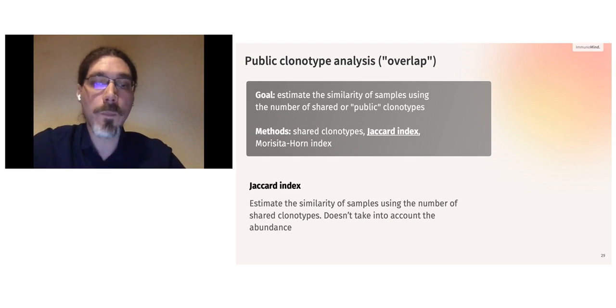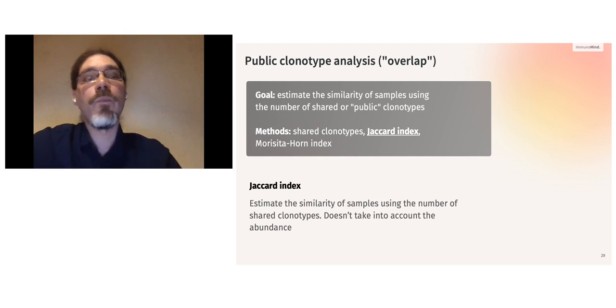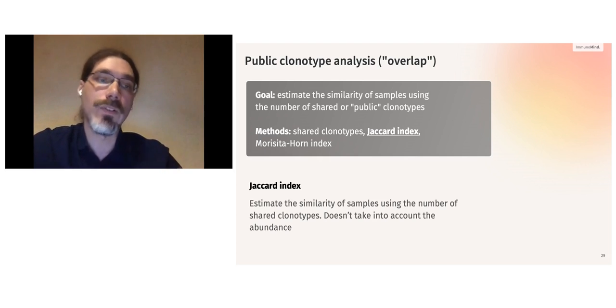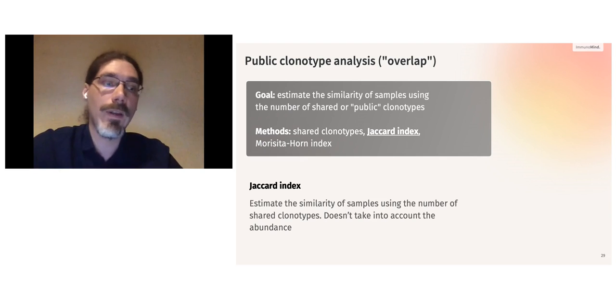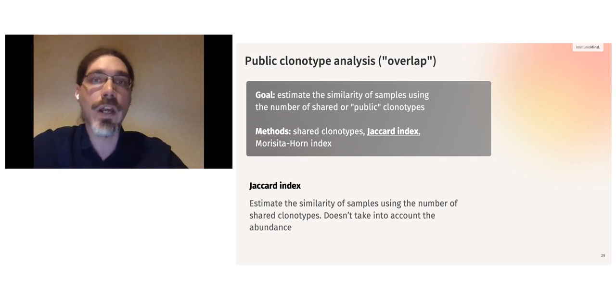So as an output you have metrics, numbers that tell you how similar different repertoires are. Because in shared clonotypes you just have a number, and you don't know what is the measure of similarity here.